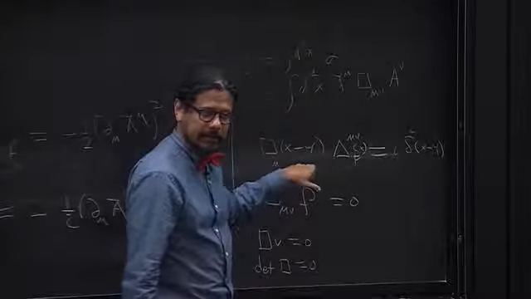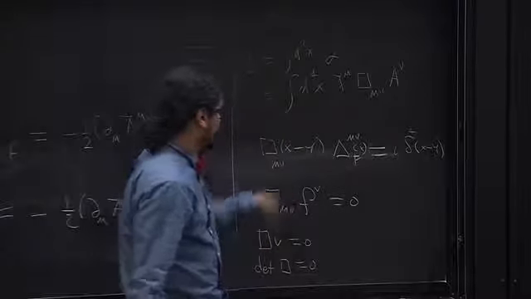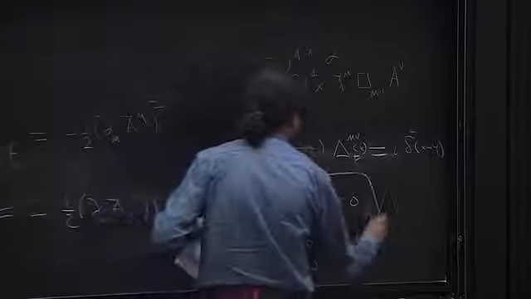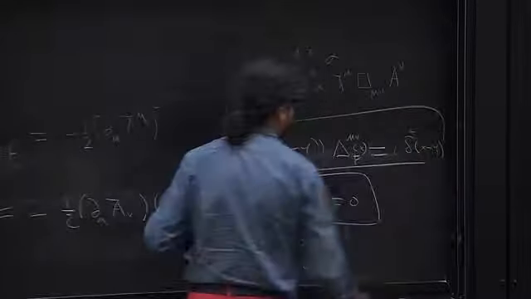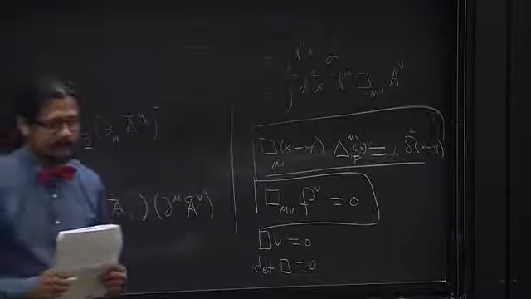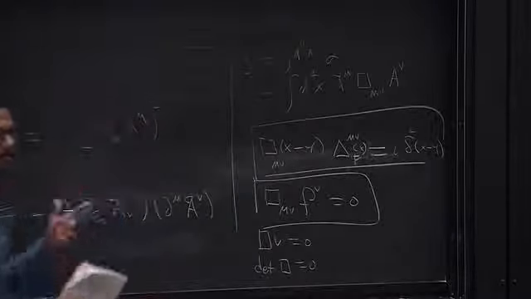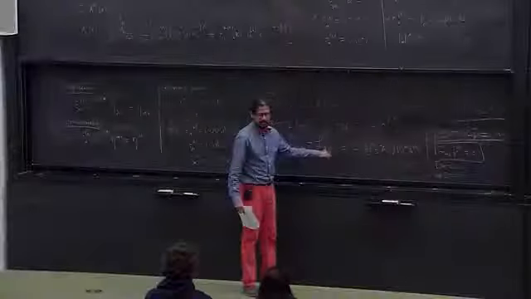Therefore, if this problem was not fixed, this equation doesn't exist. It turns out this is related to the fact that your Lagrangian has a gauge symmetry. And that is the reason, before we can do any physics, we have to gauge fix it.